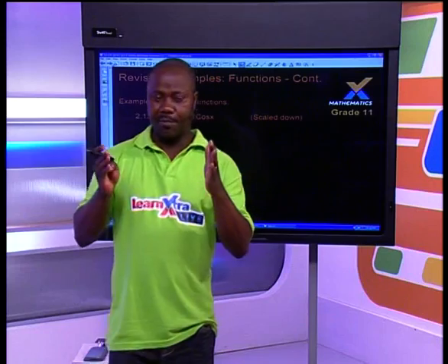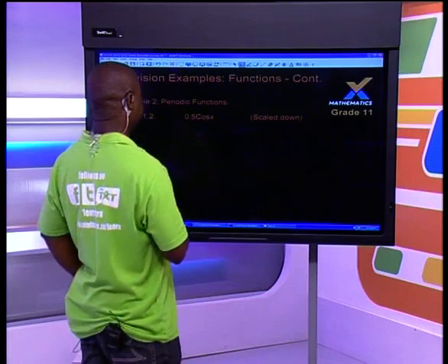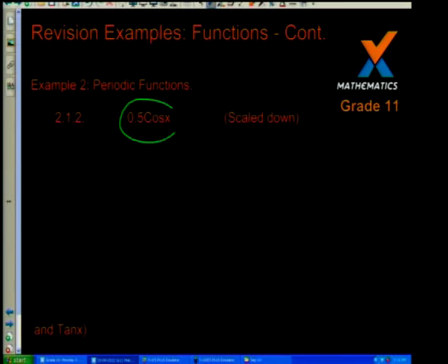All right, let's move on to the next one. That one I did was a sine graph, taking it from a parent graph and scaling it up by a scale factor of 2. Now I'm taking a cosine graph and scaling it down by a factor of 2. 0.5 is the same as half. So we've got y equals half of cosine x.